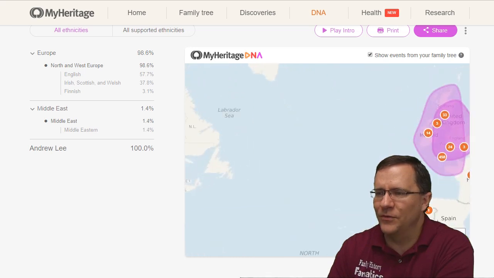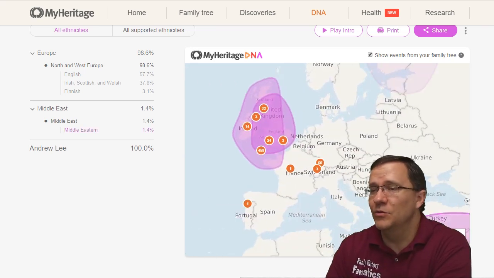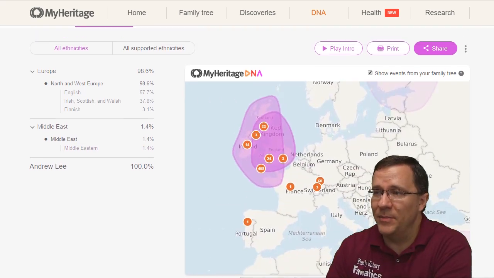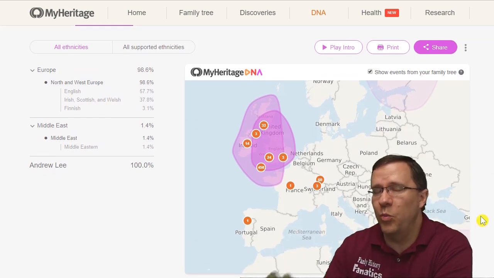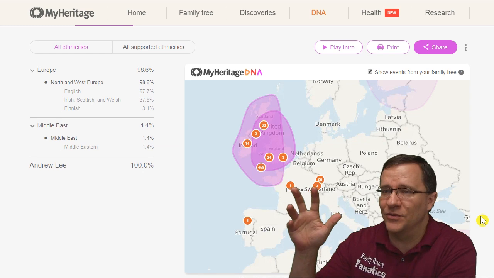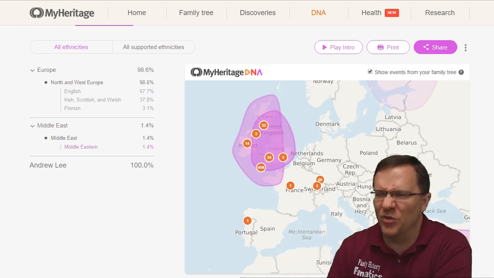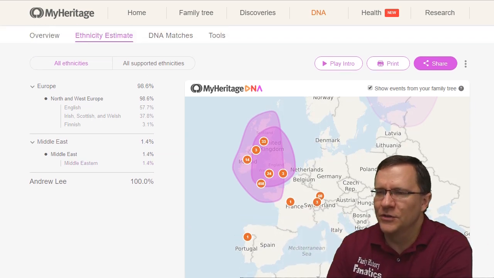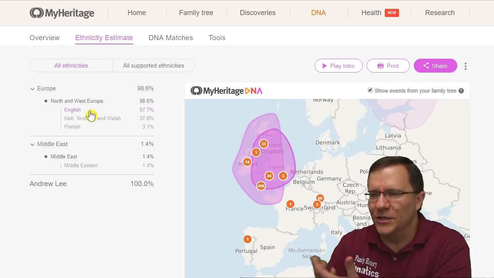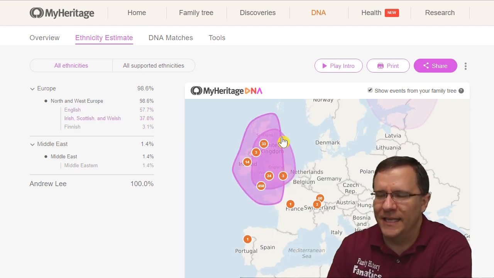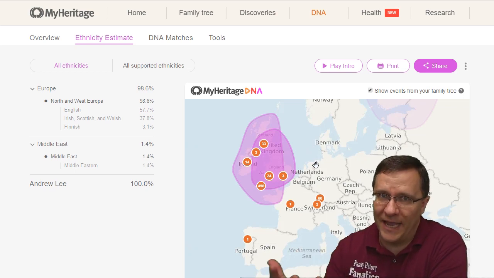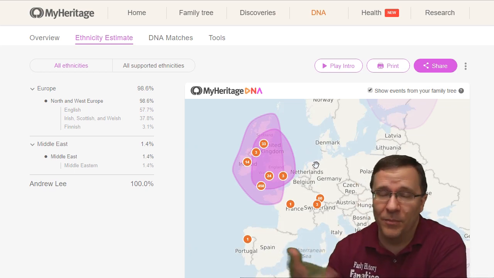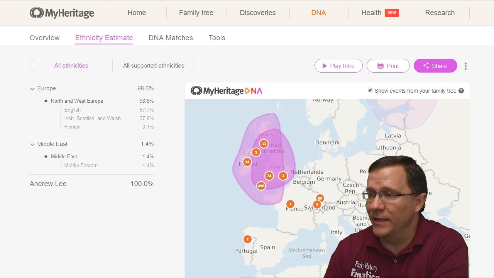And what this is useful for, particularly if you don't know a whole lot, but you maybe have some bits on your family tree, is you can see, well, did any of those ancestors fall within these general geographic areas? So for instance, with the English and the Irish and Scottish, I can see that, yeah, I've got a lot of data that shows that I have some ancestors that had some event, a birth, a marriage, a death in those areas.